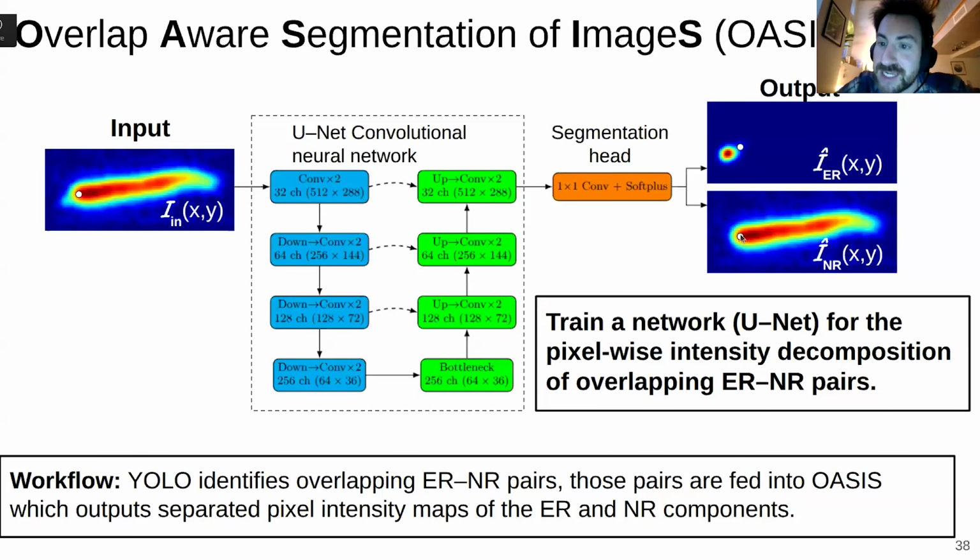What we did was develop a segmentation regression pipeline where we use these hybrids as our training data. You start with your hybrid event where these two were stitched together, and you train a neural network to undo that hybrid into two images. The first channel is the intensity contributions of your electron recoil, and the second is the intensity contributions of your nuclear recoil.